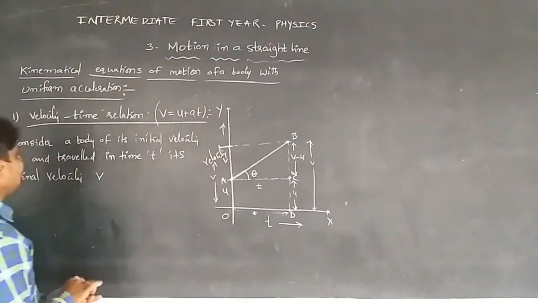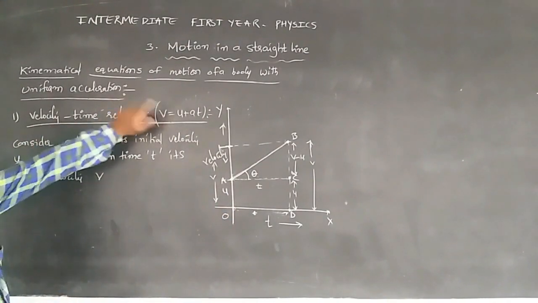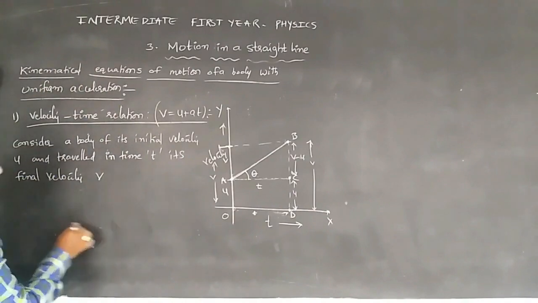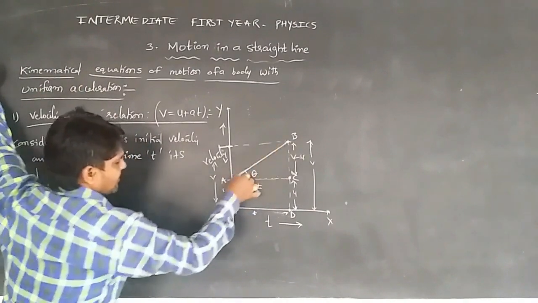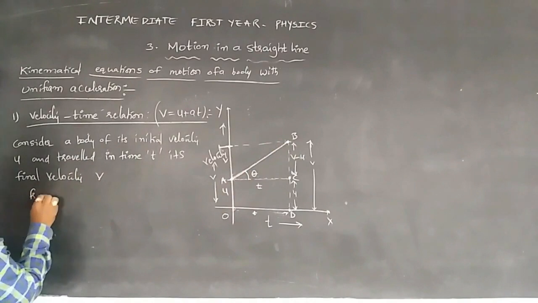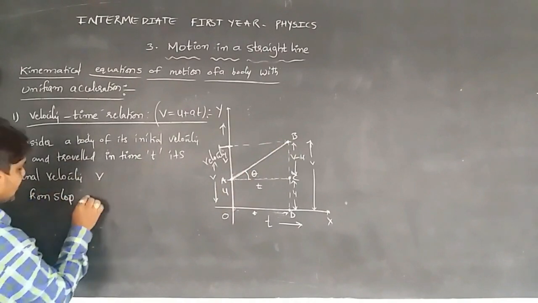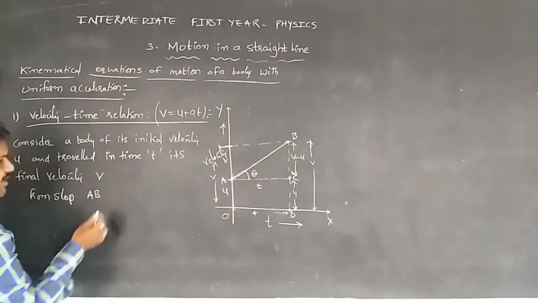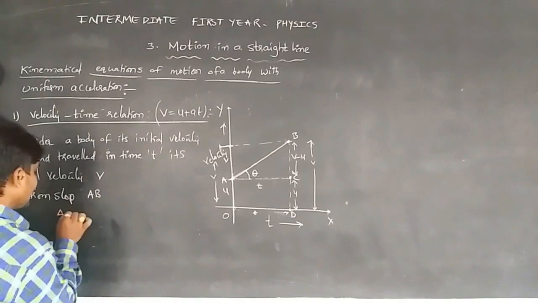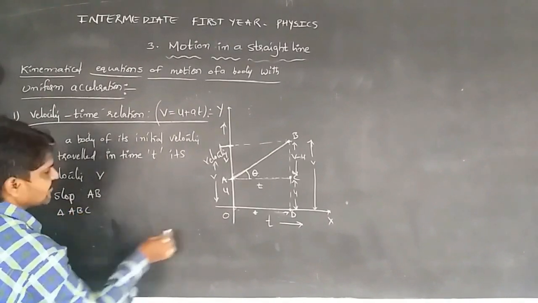Then let's see what the velocity-time relation is. We can find that from the slope AB, from the triangle ABC.